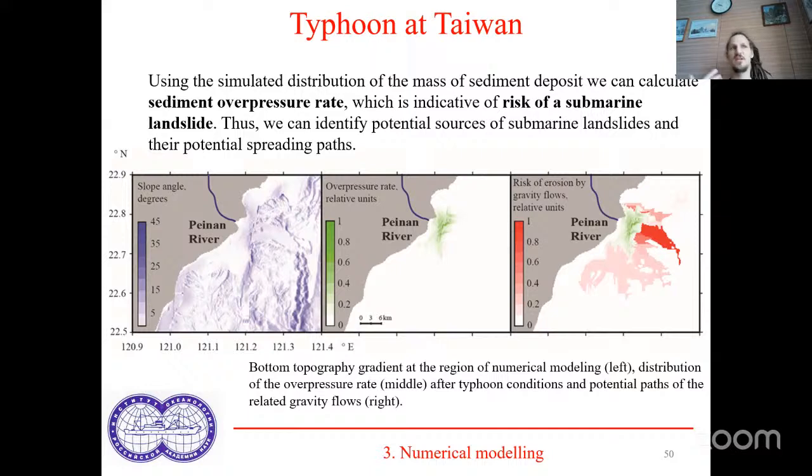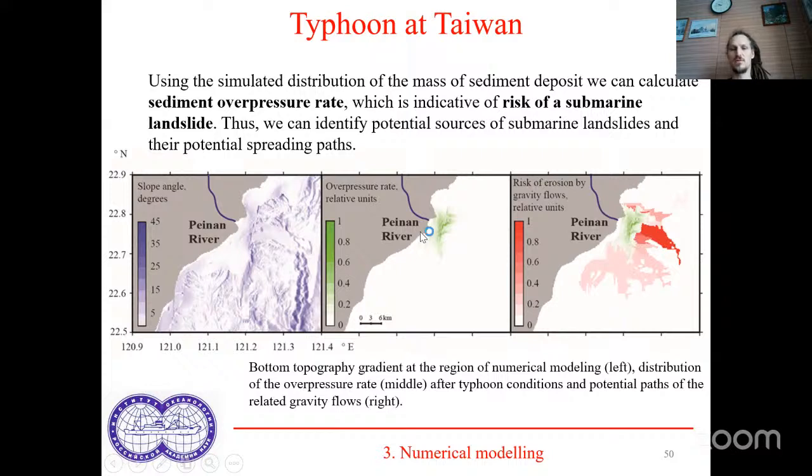Once we have data about river discharge and sediment concentration in the river, and wind forcing and tidal circulation and currents, we can model where sediments will be deposited on the seafloor, and then how they will form landslides and what will be the trajectories of these landslides.